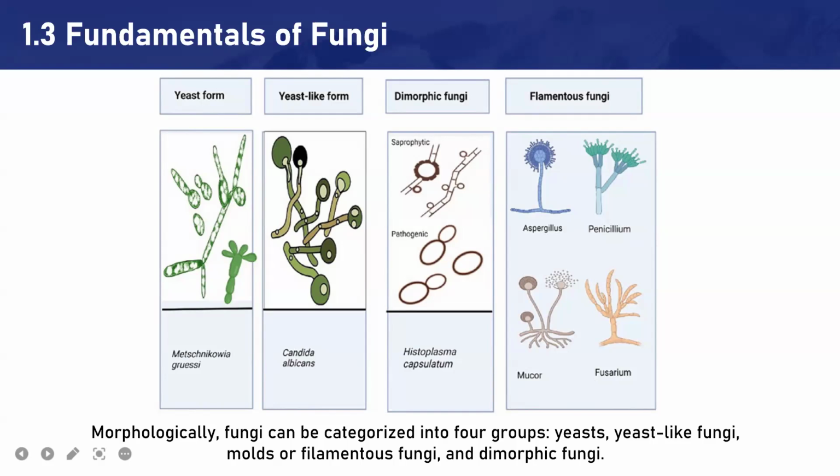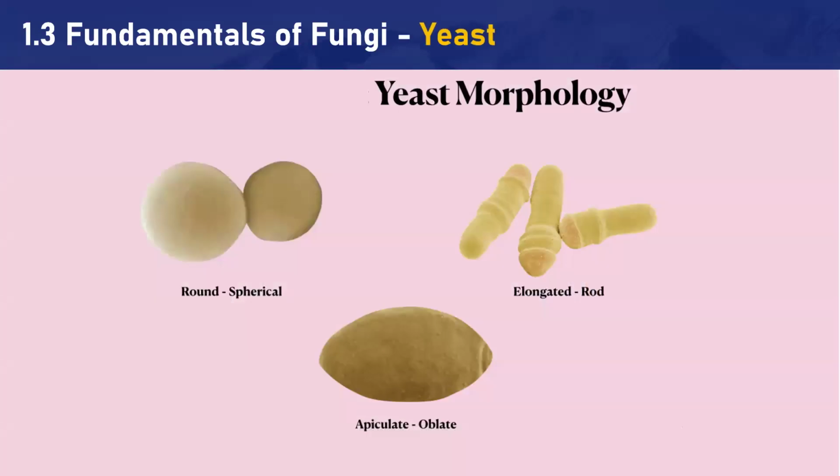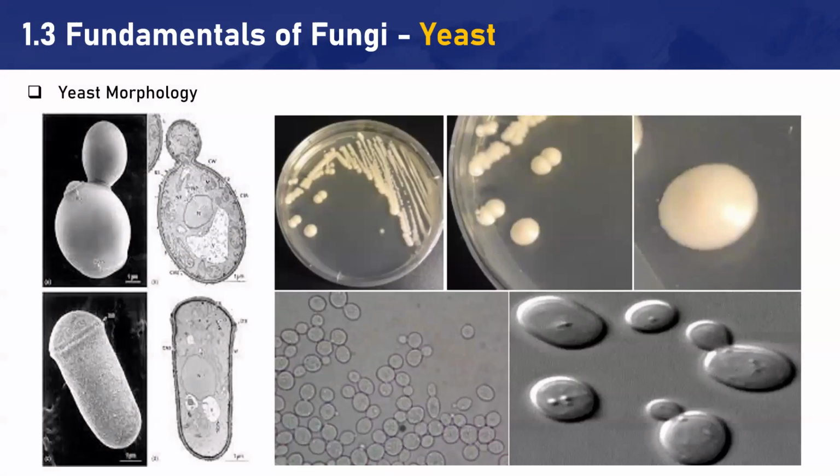So I will give you some basic information about the yeast and fungi. For yeast morphology, we can see many types. However, the popular morphologies are round, spherical, elongated, broad, and apiculate or oblate shapes.